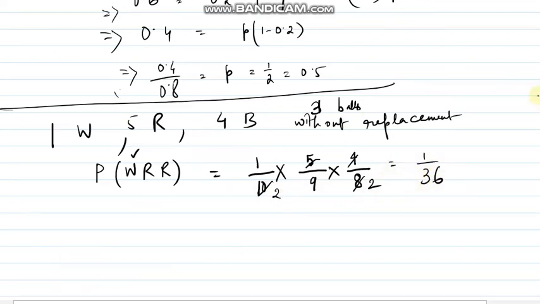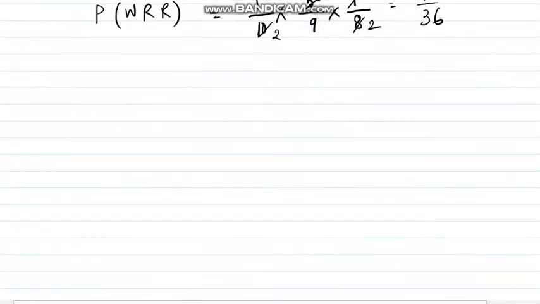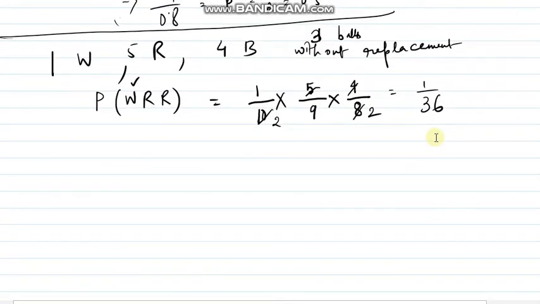Correct? On the same sum, if I just proceed further, it is given 1 white, 5 red and 4 black balls. From there, if I will draw 1 red ball, 1 black ball and 1 white ball, same thing.